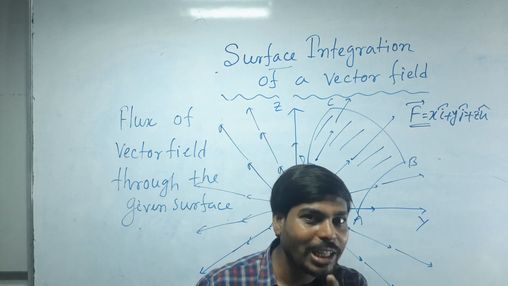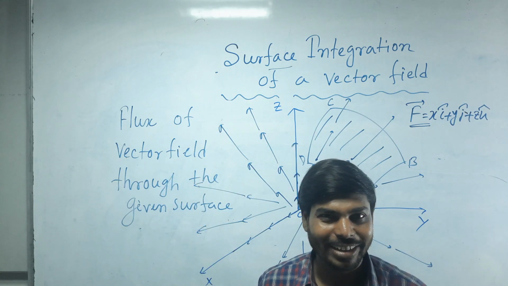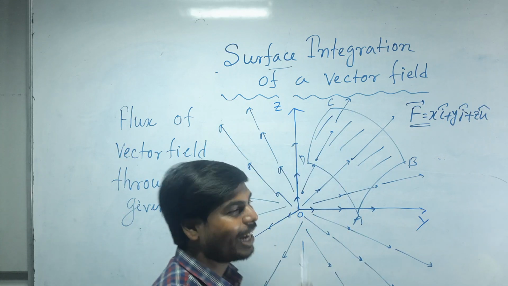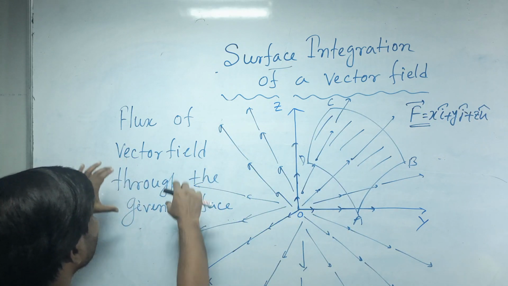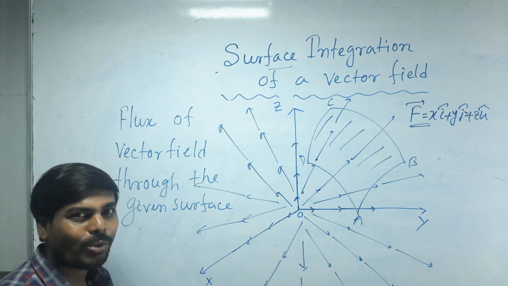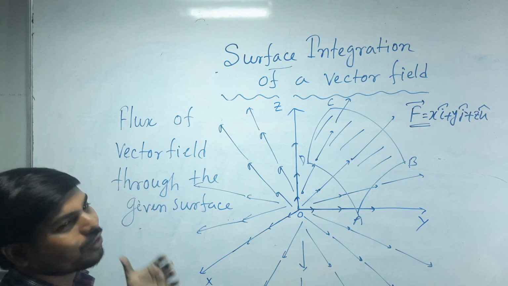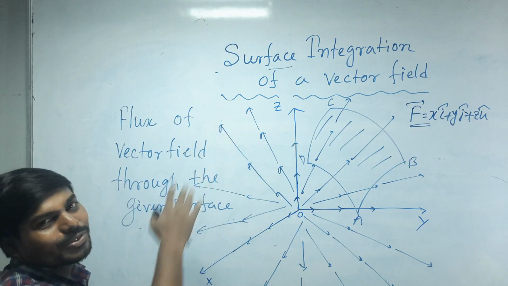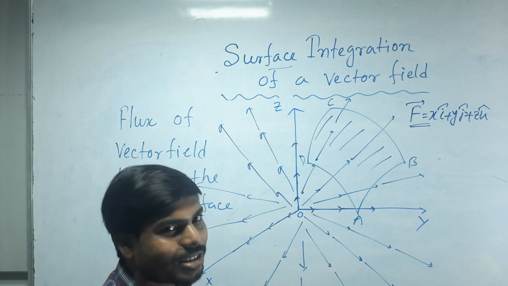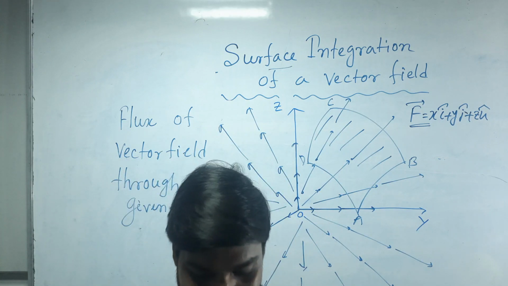I believe you are all familiar with the term flux from your school days, is it not? So let's try to recall that. First I will explain what the flux of a vector field is, and if you can understand the concept of the flux, then this is nothing but the surface integration.